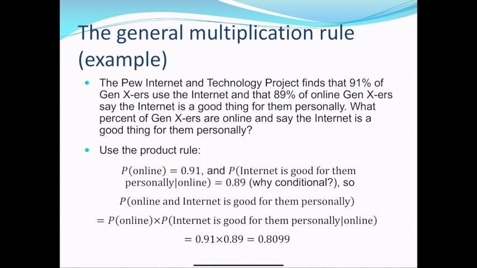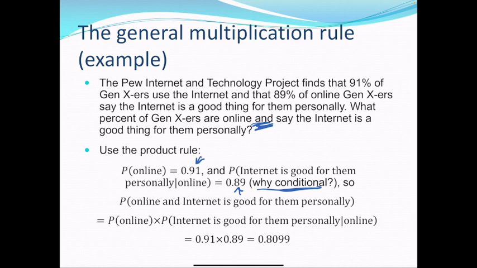The Pew Internet and Technology Project finds that 91% of Gen Xers use the internet and that 89% of online Gen Xers say the internet is a good thing for them personally. What percent of Gen Xers are online and say the internet is good for them personally? So the probability they're online is 0.91, and the probability the internet is good for them is 0.89.